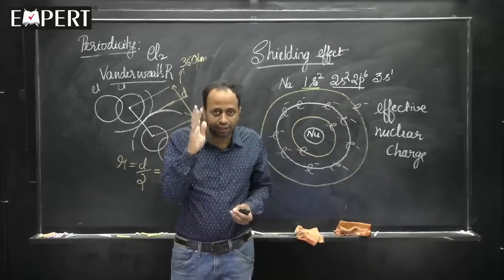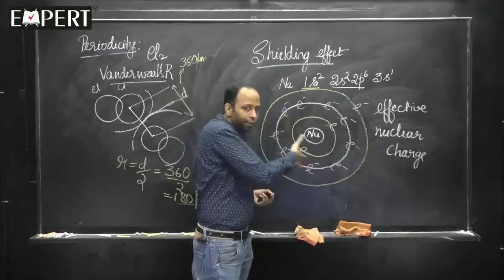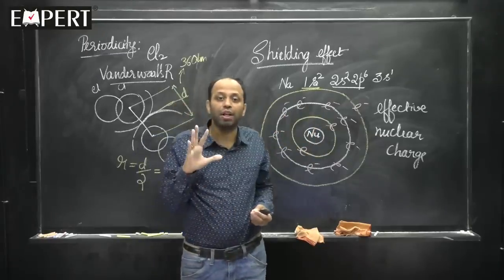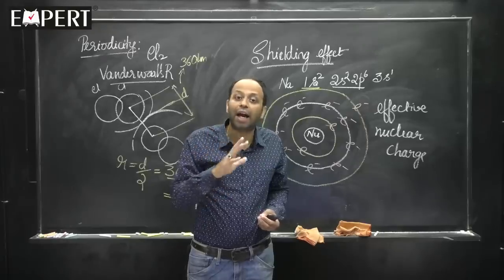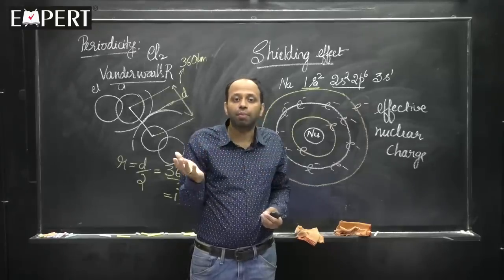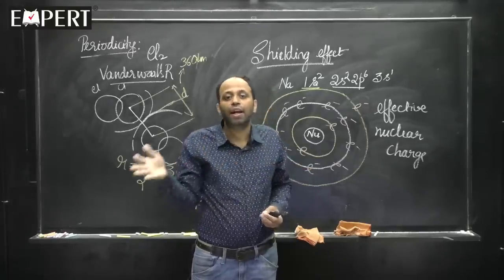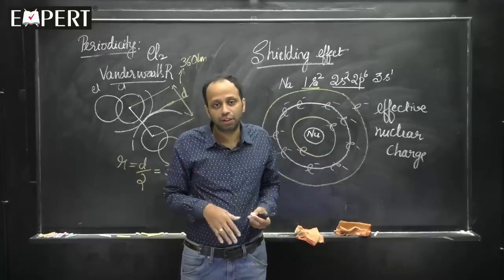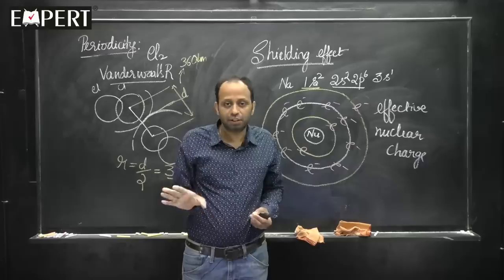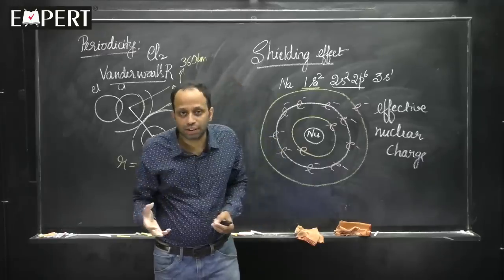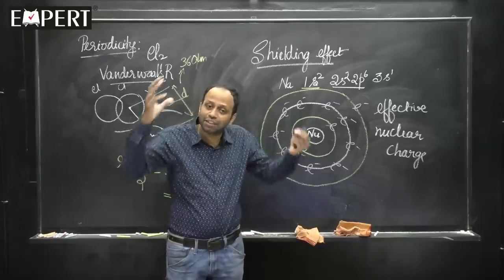Understand this. S orbitals completely cover the nucleus, so they are very good at shielding. P orbitals are not as good as S, D orbitals are not as good as P, and F orbitals are the least. So, when I go for shielding effect, S orbital is the best, F orbital is the worst. So, what will happen if it shields well?